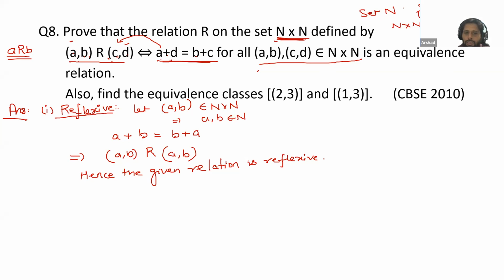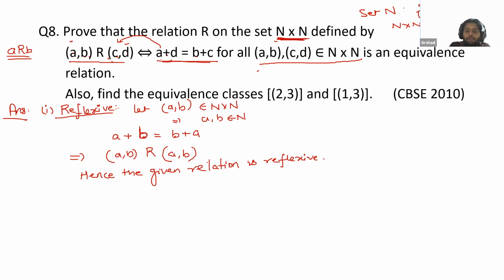D, this one, B. What is the second value? B. What is C? First value. So we have written A plus B is equal to B plus A. So that's why A comma B is related with A comma B. Hence the given relation is reflexive.